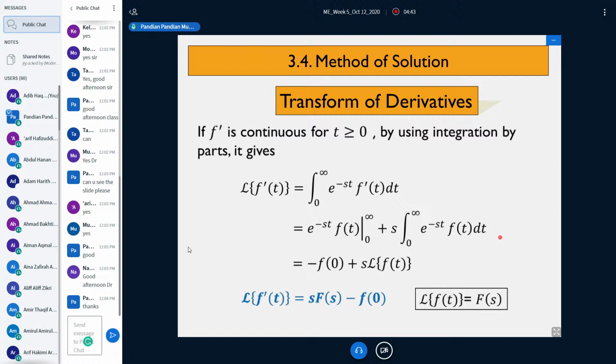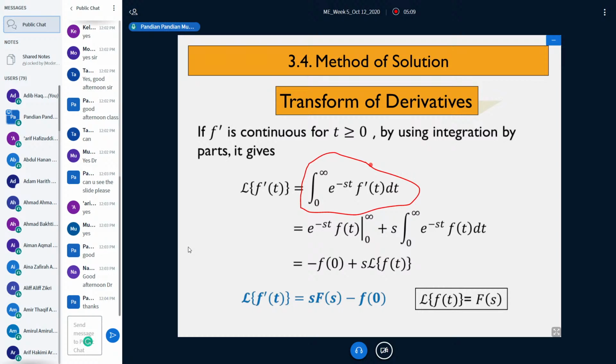You have to go back to lecture 1, how we define the Laplace of any function: sin t, cos t, Laplace of t. This right-hand side is the definition from the beginning of chapter 1. All these are strongly interconnected.